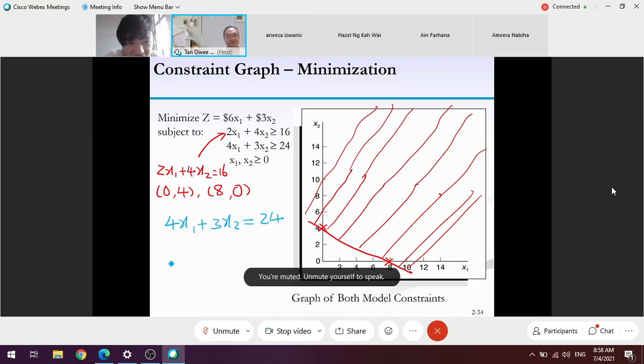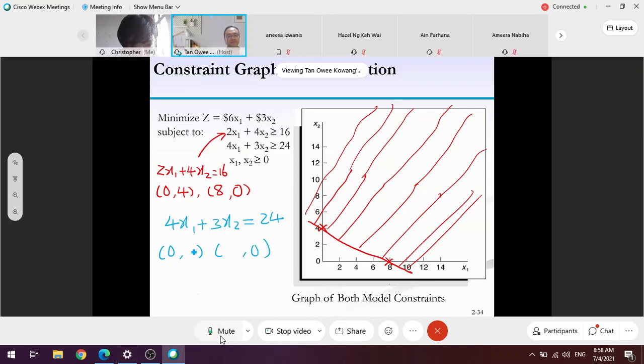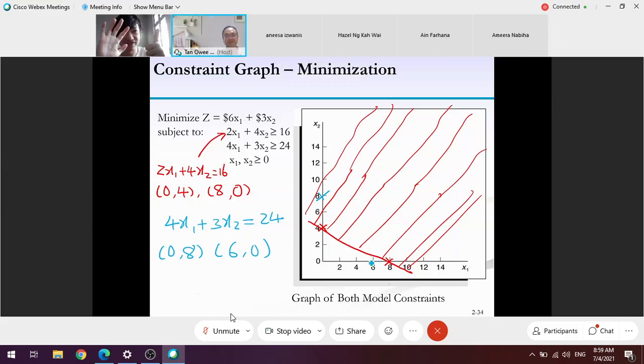In this case, if x1 is 0, x2 is 8, correct. How about here? 6. So it's 0, 8, and 6, 0.